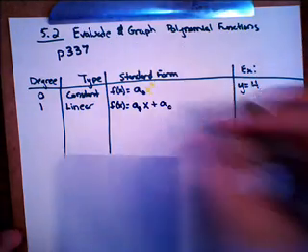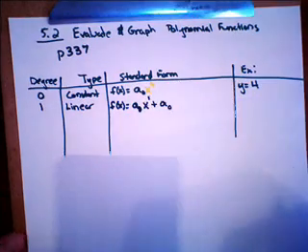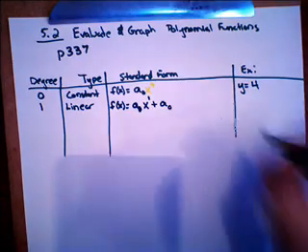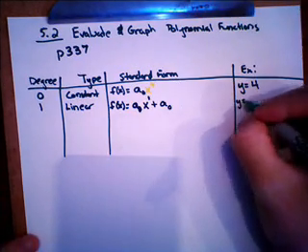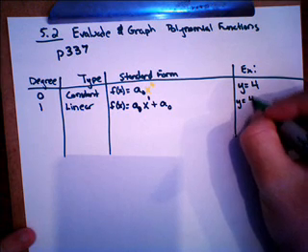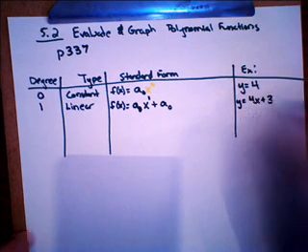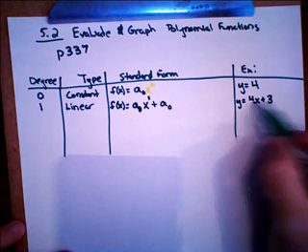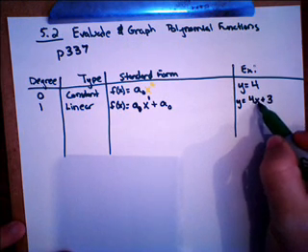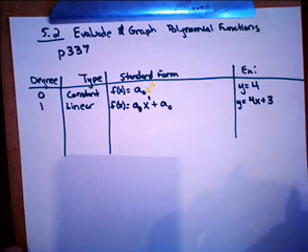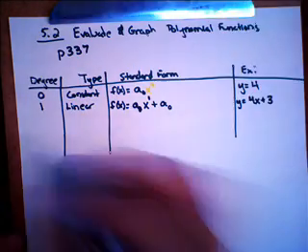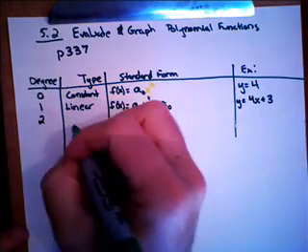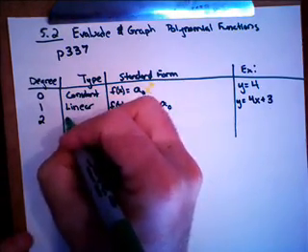Okay, and you can tell here that the highest degree of the exponent is 1. So an example of this might look like this: y equals 4x plus 3. Okay, that would be your a sub 1, that would be your a sub 0, and then x with a degree of 1. The next type of degree is a degree 2, which is a quadratic.